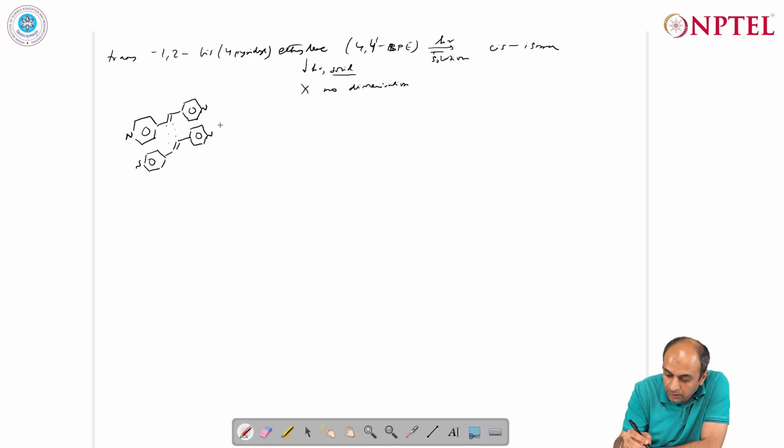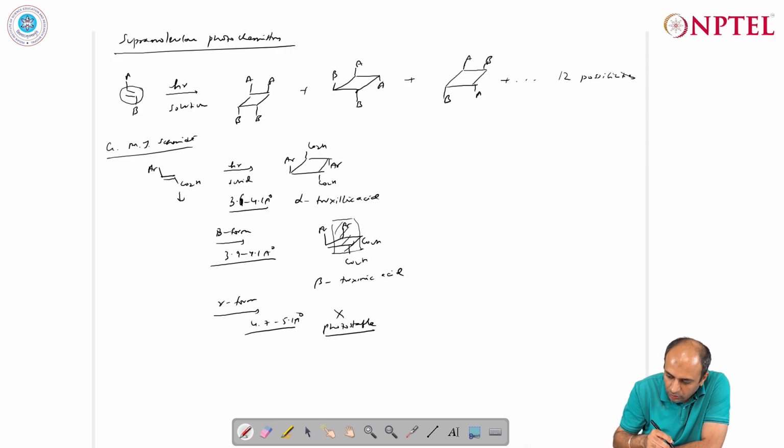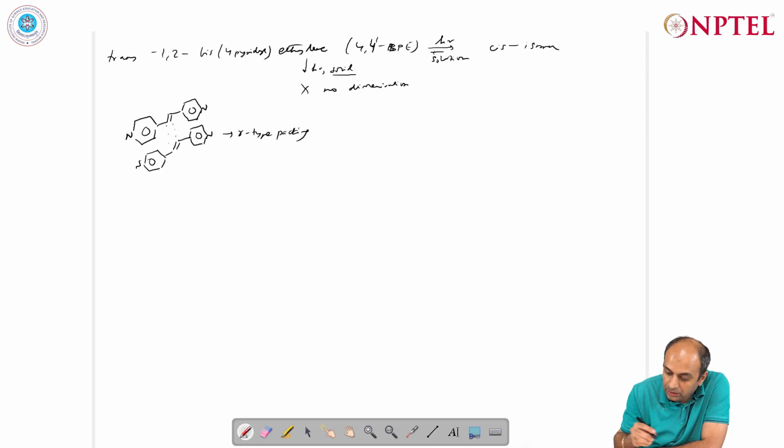That means in the parent compound it essentially has the gamma type of packing, which we saw here, this type of packing where the distances are very long, and therefore the dimerization does not take place. So here the distances are greater than 5.7 angstrom, and therefore no dimerization takes place.